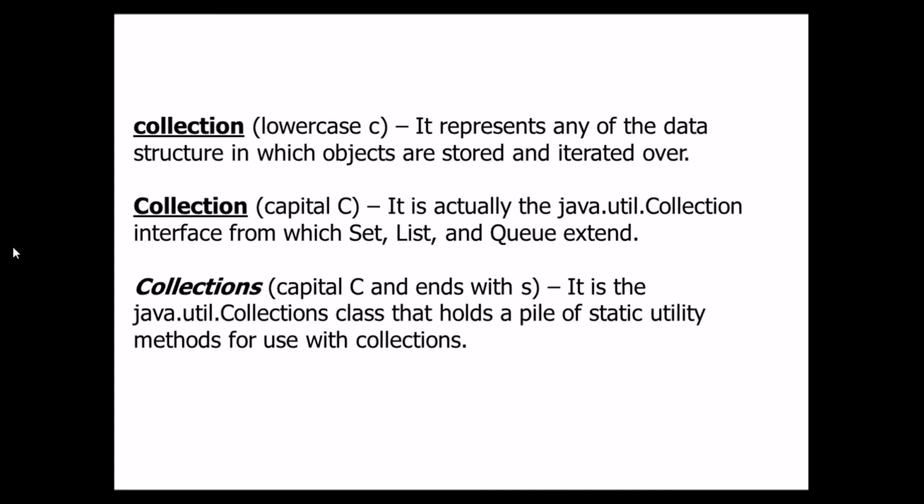And Collections, capital C and ending with s, is the java.util.Collections class that holds a pile of static utility methods for use with collections. This is a utility class which provides a lot of functionality that can be used on top of the collections that we create.